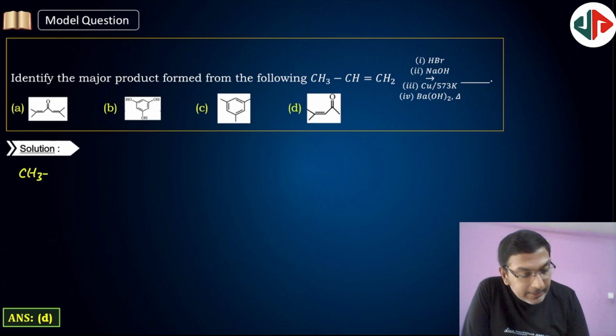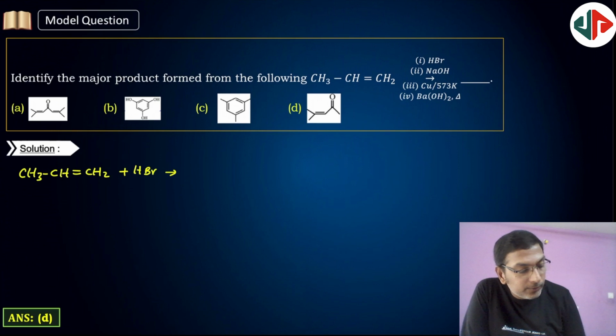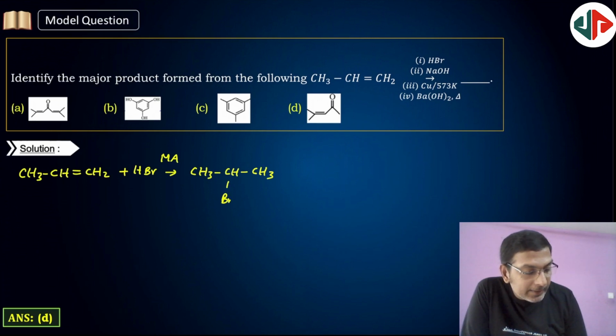First, CH3-CH=CH2, propene, which is unsymmetrical, reacts with HBr. This is Markovnikov's addition. So the major compound will be isopropyl bromide.